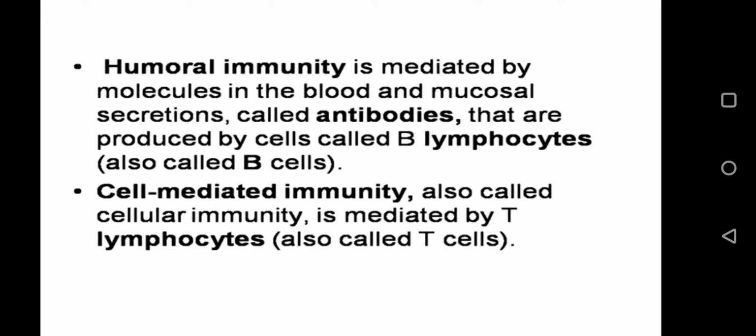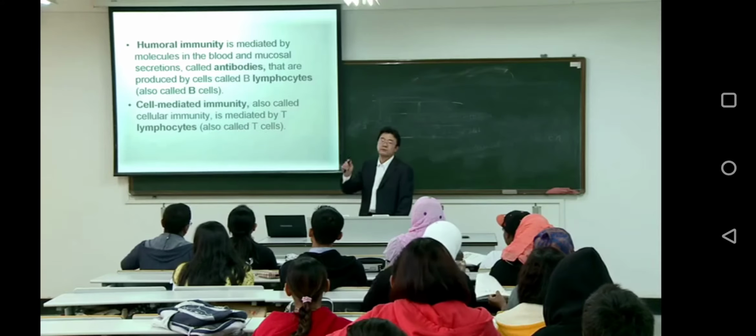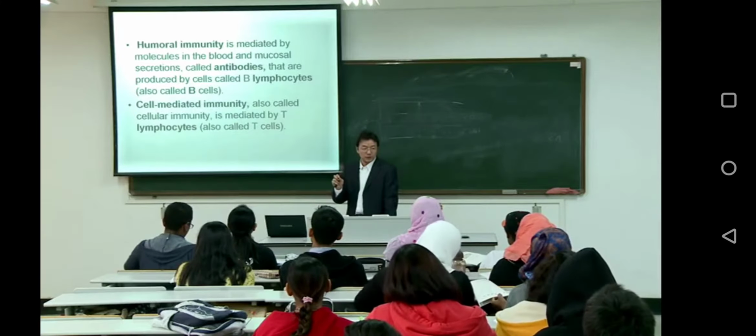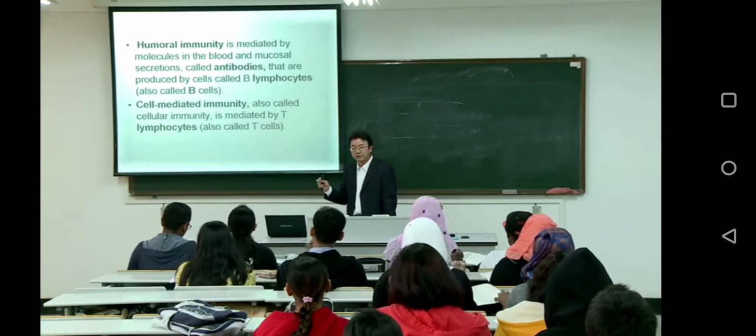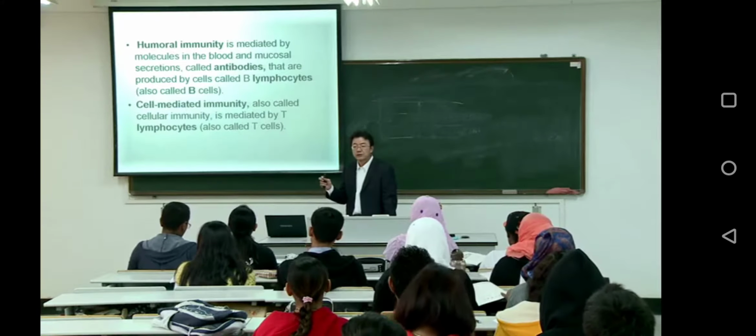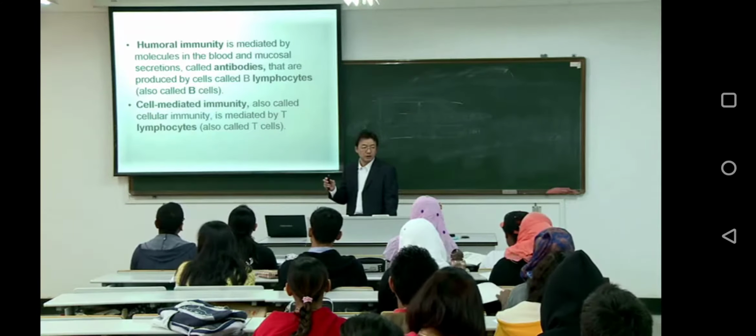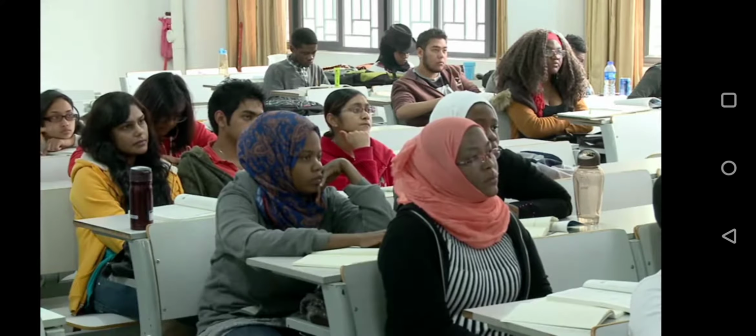Humoral immunity is mediated by antibody, and cell-mediated immunity, also called cellular immunity, is mediated by T lymphocyte. So from innate immunity to adaptive immunity, different components of the cell or molecule are involved in the immune response.